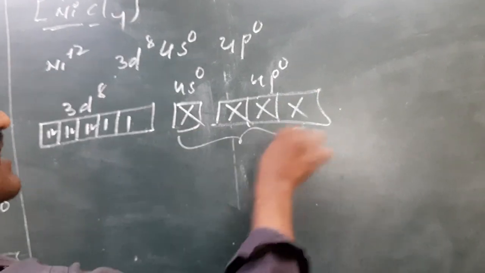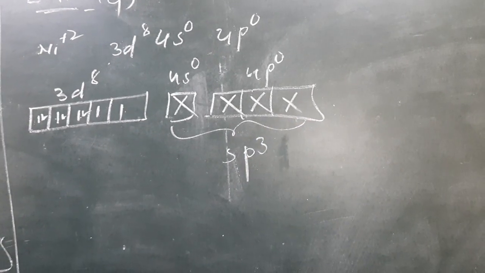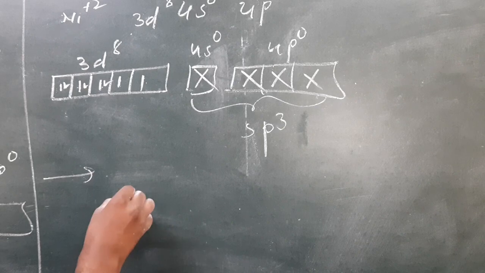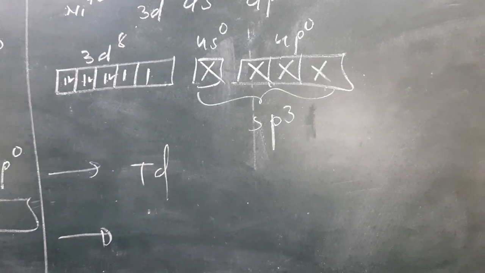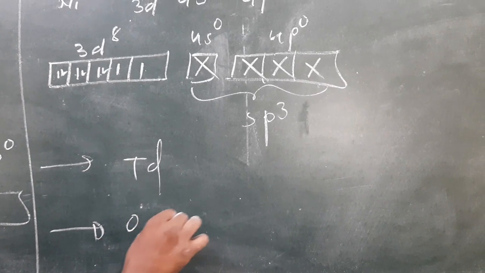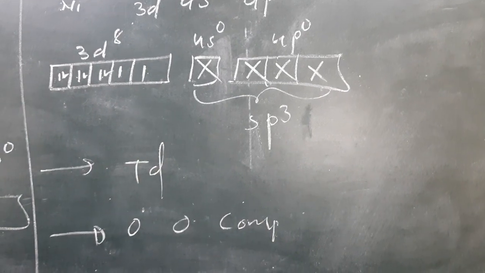So the hybridization is sp3, and the shape is tetrahedral, and this is an outer orbital complex because 3d is not involved.